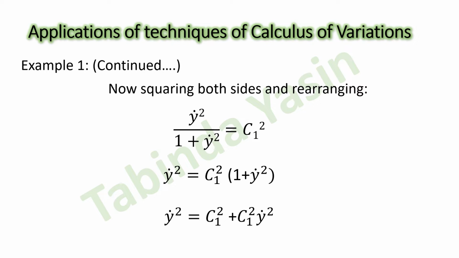The last work we did was the value of C1, that was y dot over square root of 1 plus y dot squared is equal to C1.